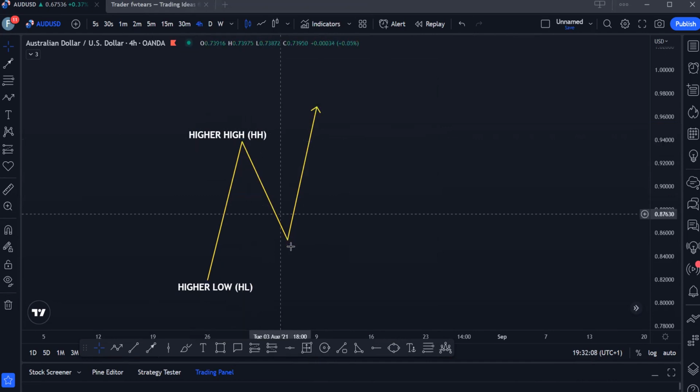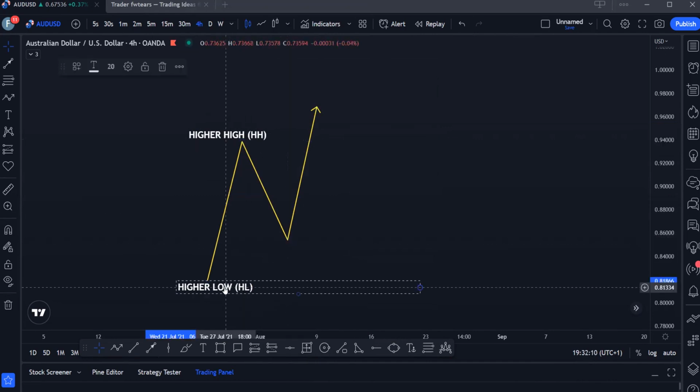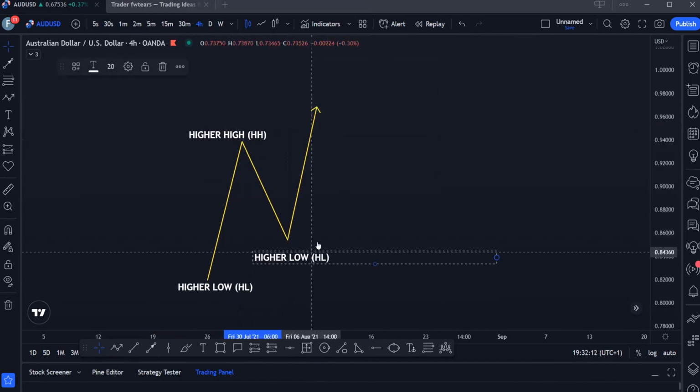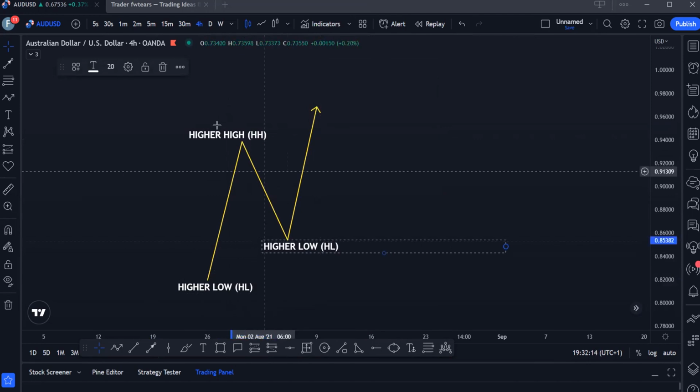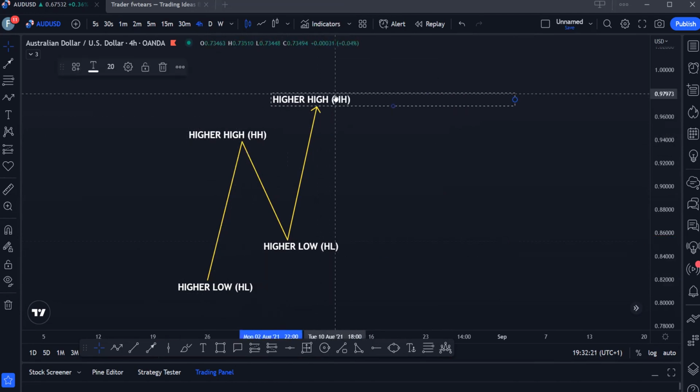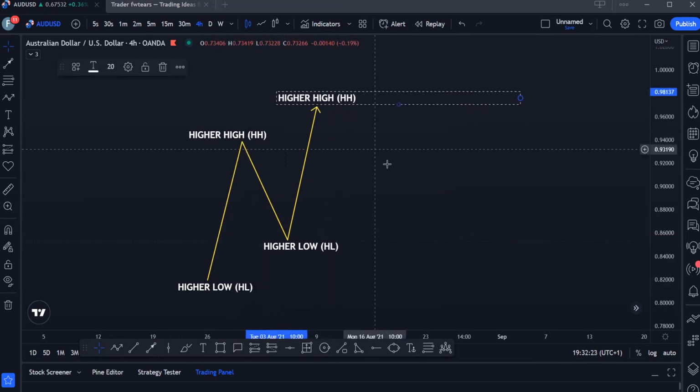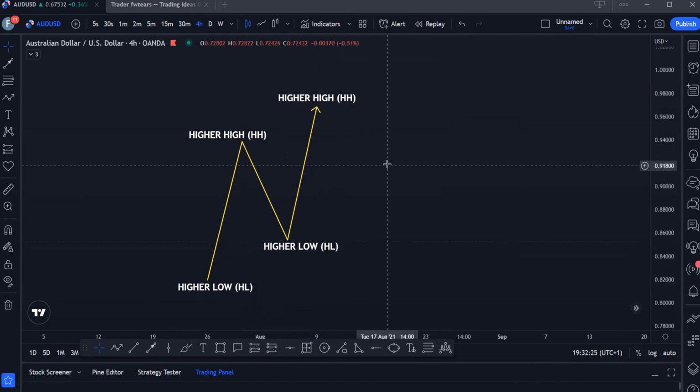And then the end of the correction, right, is higher low. When price breaks this previous higher high, okay, that is a new higher high. All right, so an uptrend is made up of higher lows and higher highs.